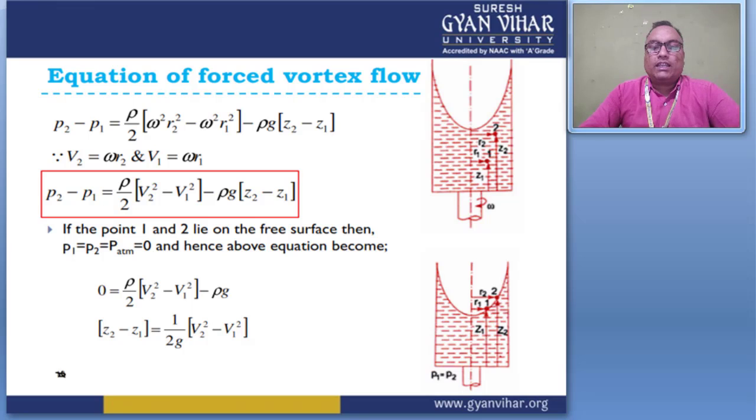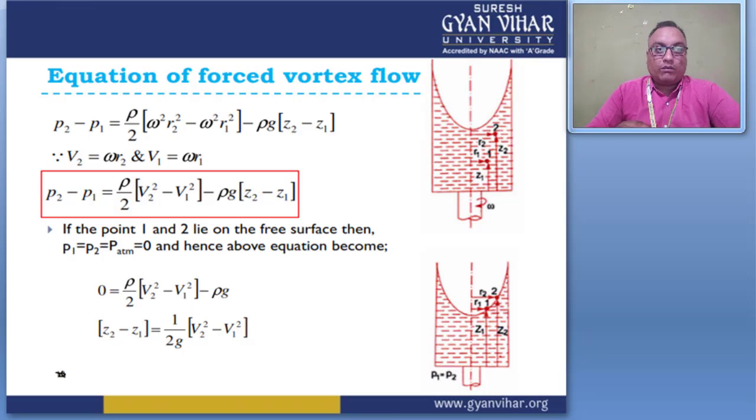Here ω is the angular velocity and v is the linear velocity. What is the relation between them? v equals rω. So v2 equals ωr2 and v1 equals ωr1, because ω is constant throughout this process. So p2 minus p1 is equal to ρ/2 (v2² minus v1²) minus ρg(z2 minus z1).